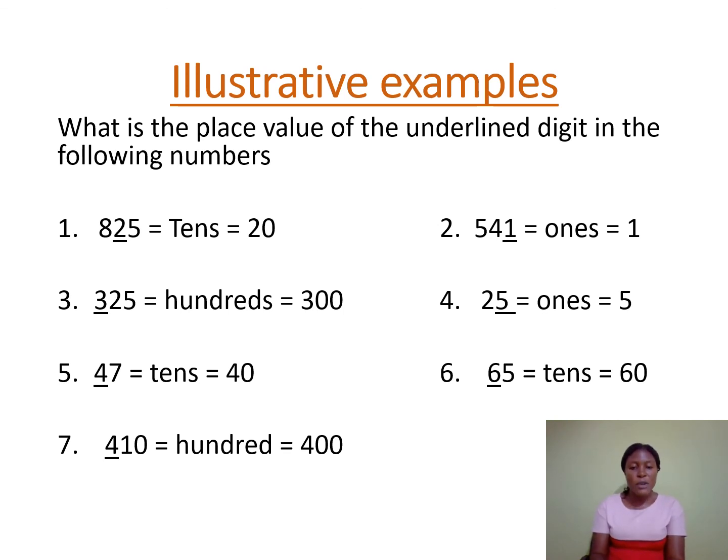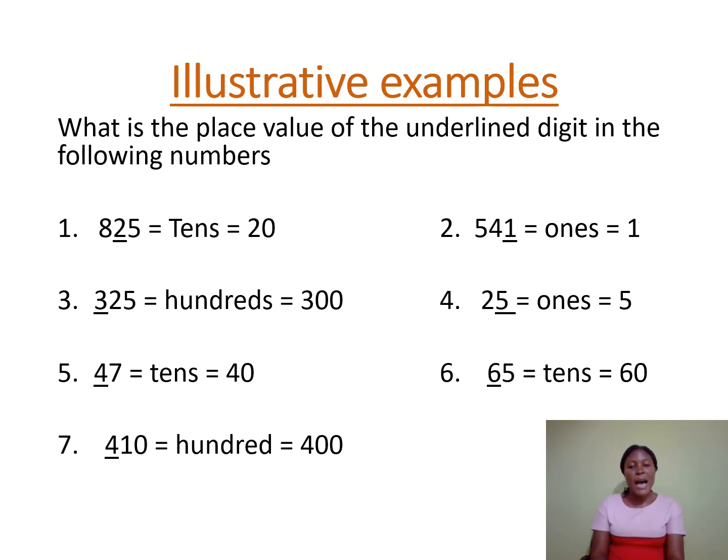The place for the underlying number is tens, and the value is 40 in figures. Number 6, we have 65, and the underlying number is 6. The place for the underlying number is tens, and the value is 60.